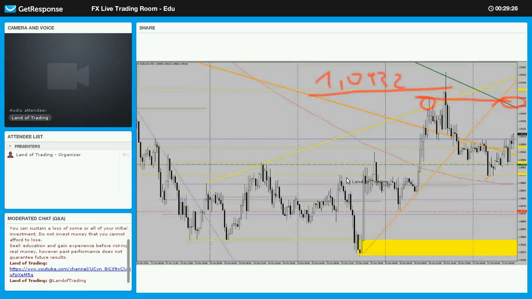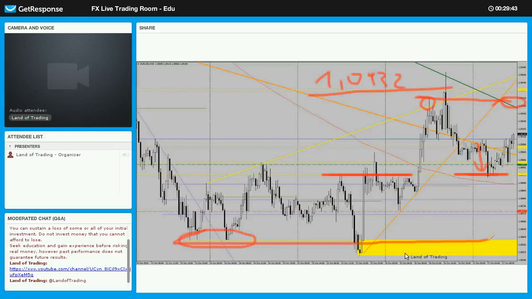All right. I've mentioned this demand has been hit during the Tokyo session. So the next visible demand for me right now is around 108.60 to 108.40.